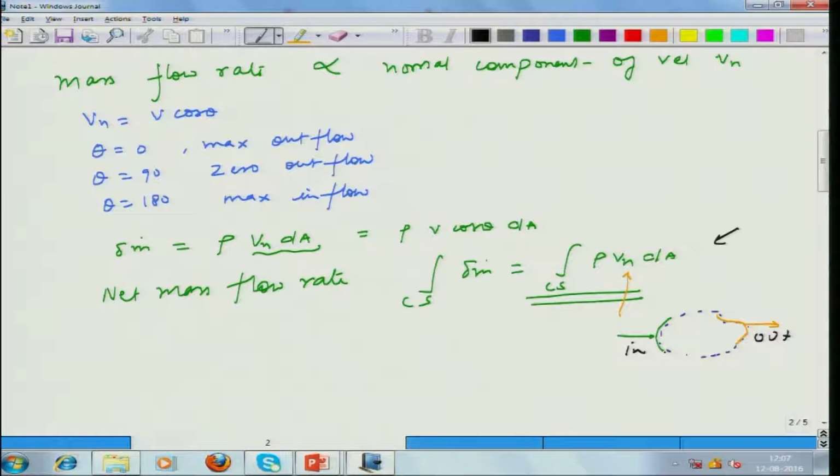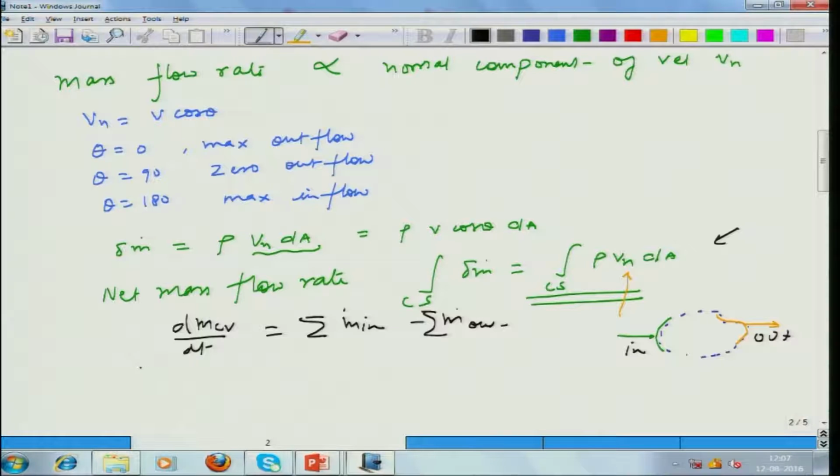So hence we can separate these two directions, such that this can be written separately in the following form. So you have your dm CV by dt, okay, sum of m dot in minus m dot out, okay.